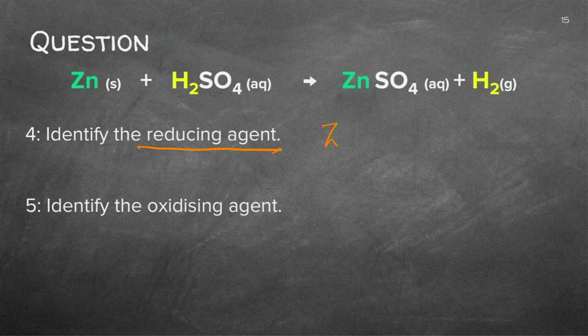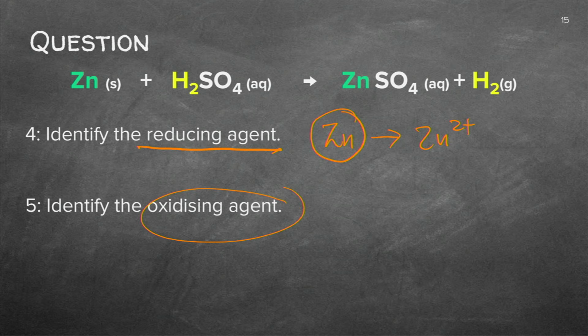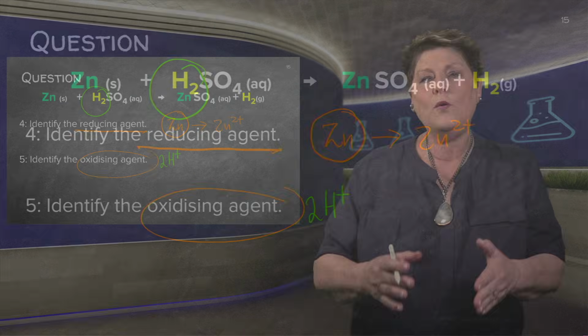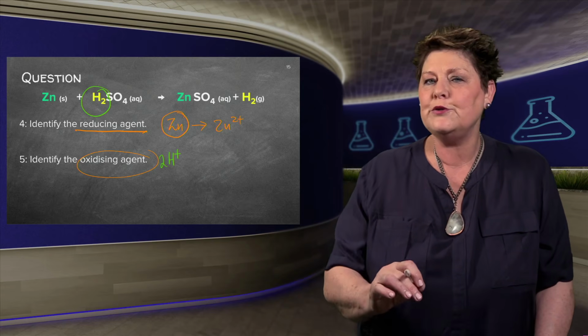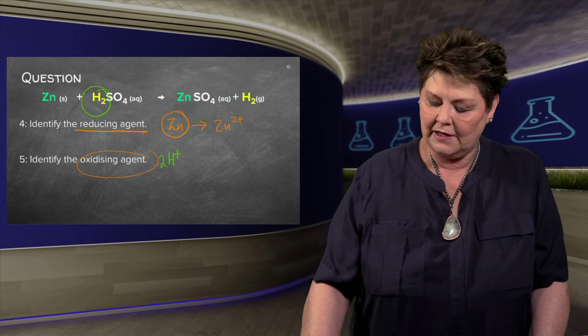Well, the reducing agent is in the oxidation reaction, so it will be the zinc. And what will be the oxidizing agent? It will be in the reduction reaction, so it will be 2H plus. It's always the same questions, but you have to think which one loses, which one gains the electrons.